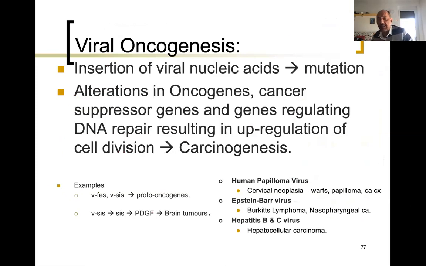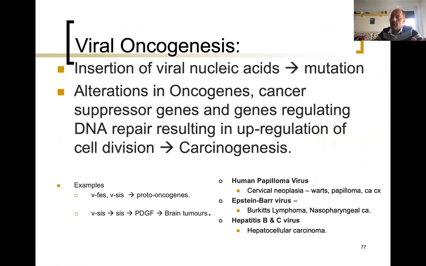Viral oncogenesis is very well characterized, of course. Essentially, you have a virus. Some viruses can induce mutations because you have the insertion of the viral nucleic acids in the mammalian genome, leading to alteration of oncogenes or tumor suppressor genes and so on. There are many examples.